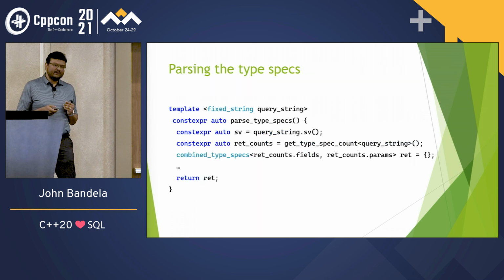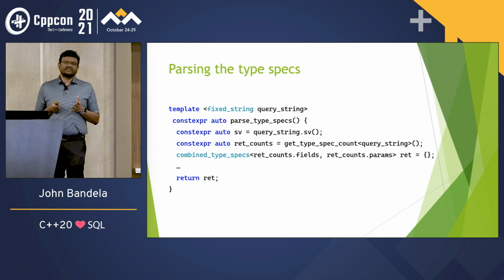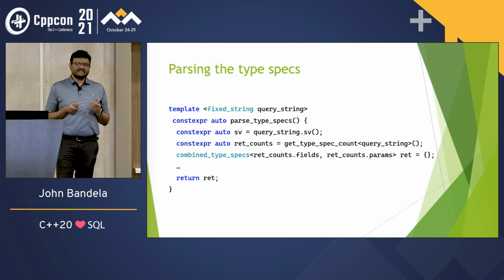All right, and we have this parse type spec that takes a query string, and we kind of had to pass through it twice. We convert the fixed string into a constexpr string, and then we also get the counts, which are how many fields we have and how many parameters.